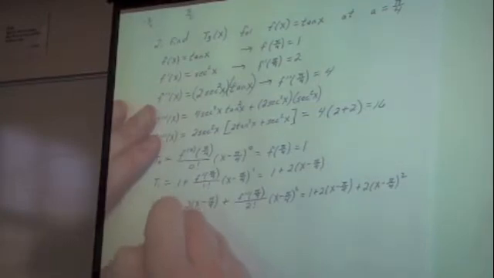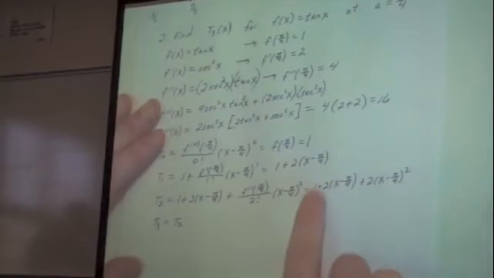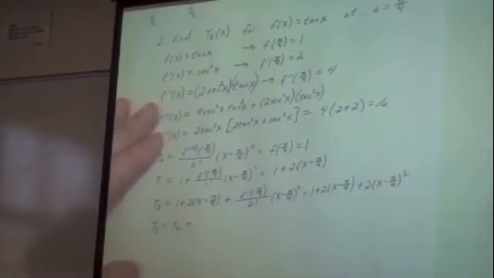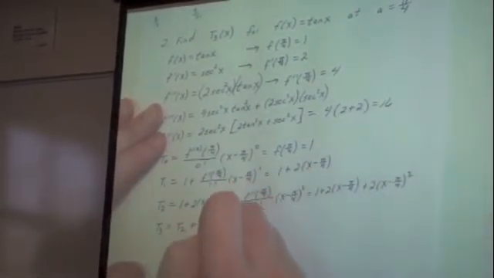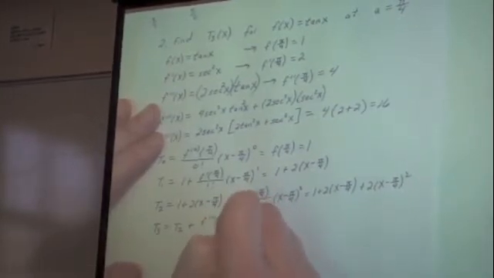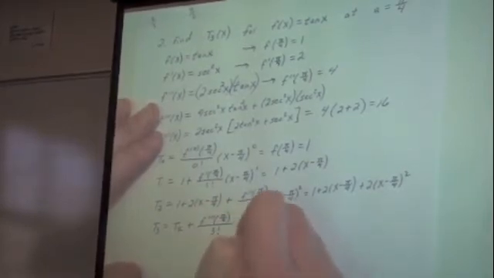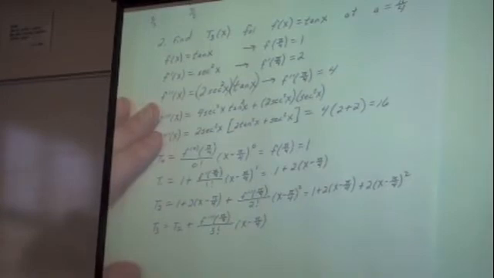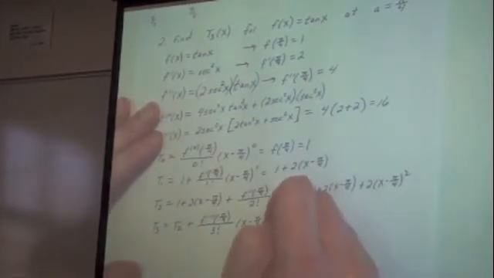The third Taylor polynomial. For the third Taylor polynomial, I'll just say, well, it's the second. I'll rewrite all this in a moment. But it's everything in that second Taylor polynomial plus what constitutes the third Taylor polynomial. You have to add the third derivative evaluated at the point of interest, f triple prime of pi over 4, divided by 3 factorial times x minus pi over 4 raised to the third power.